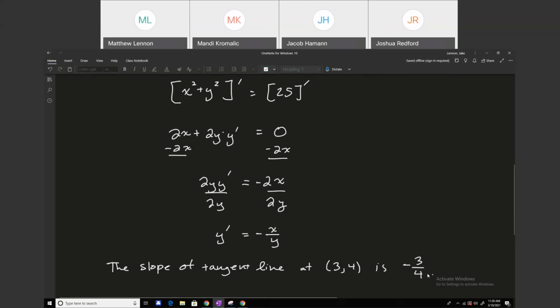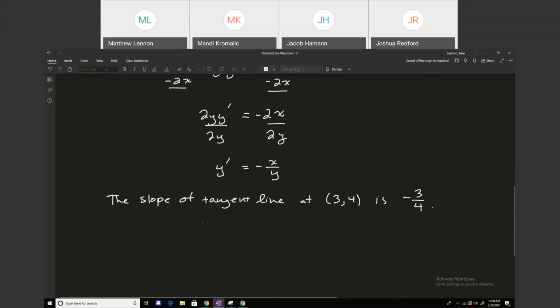Okay, so we have the slope. Now we want to find the equation of the line. You can just use point slope form to do that. So y minus 4 is equal to negative 3/4 times x minus 3. And this is the equation of the tangent line.